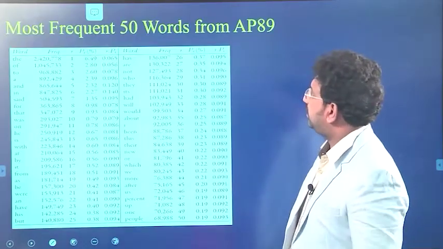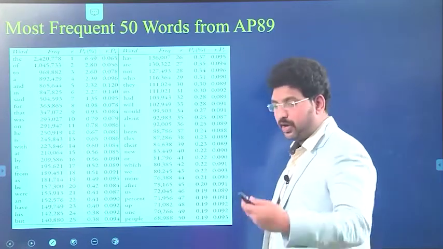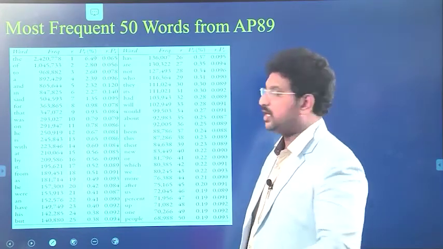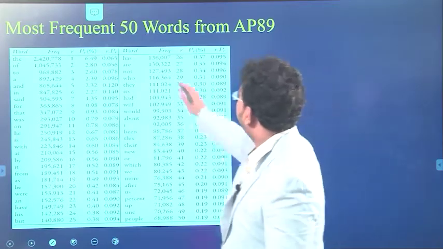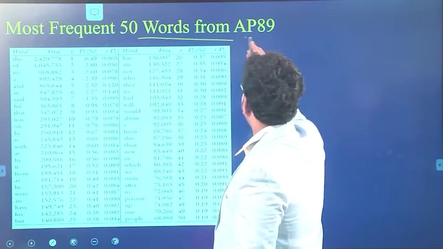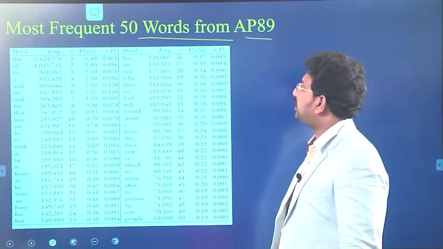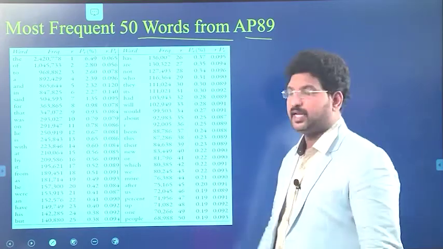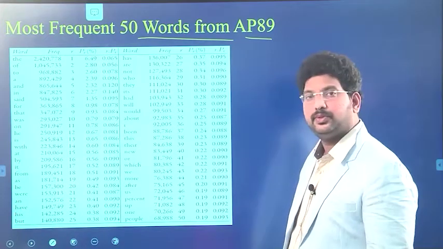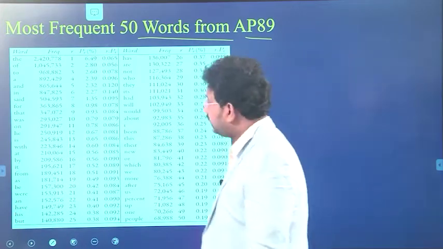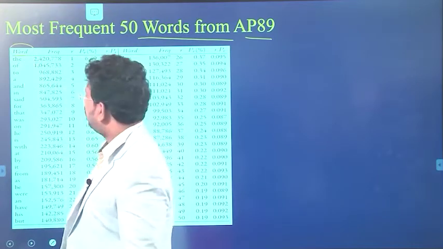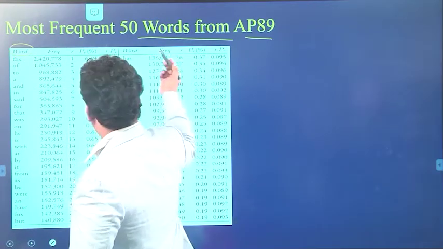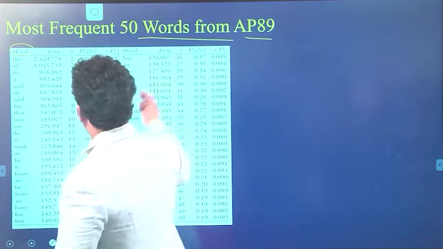If you consider the most frequent 50 words from AP 89, what are you going to observe? What are the words you can identify as the topmost 50 words from the AP 89 collection?